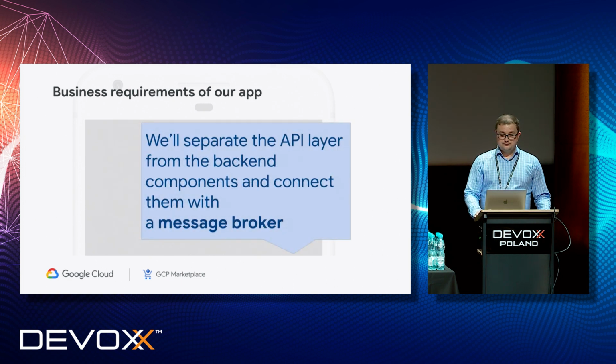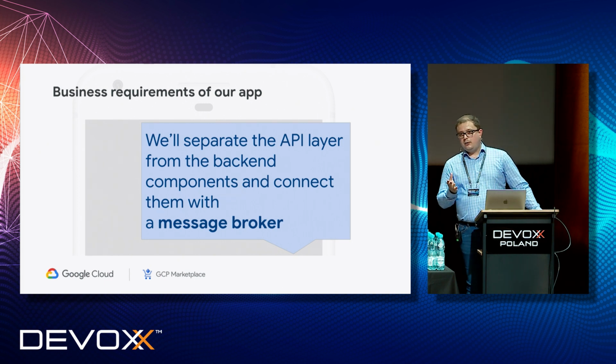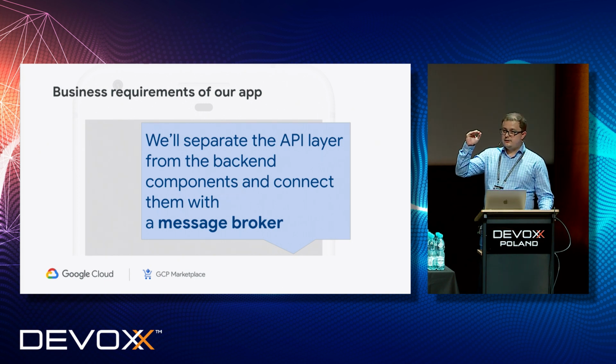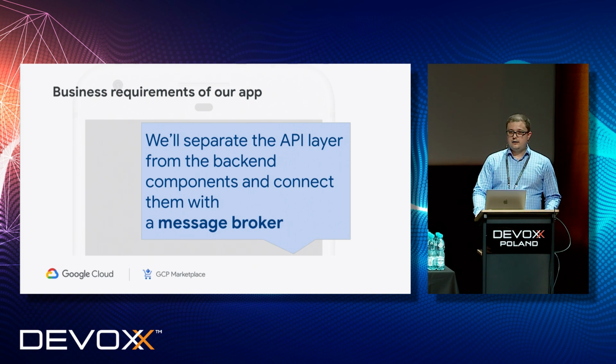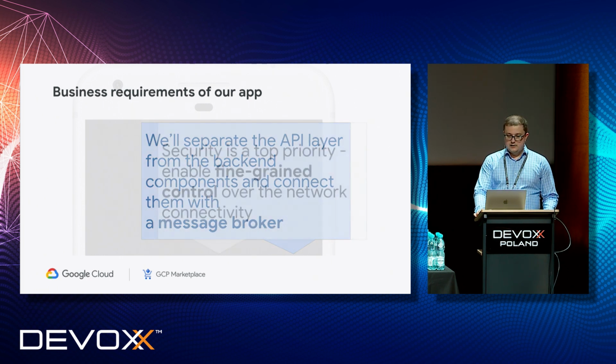This is very common. And then what we could do to achieve one of those requirements is to separate the front-end layer from the back-end layer, connect them through a scalable transport system like a message broker, and have them scalable independently.